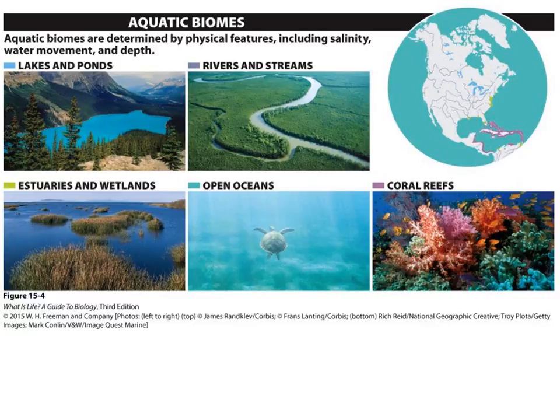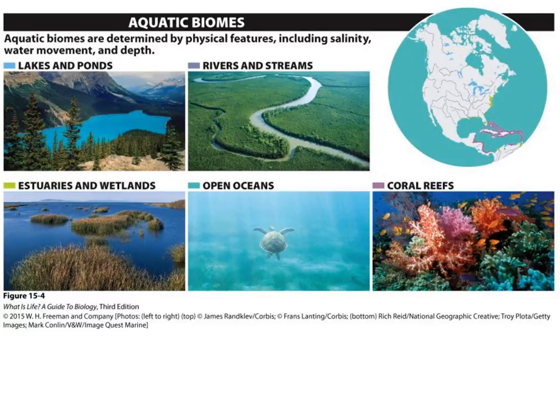There are also aquatic biomes. They are defined a bit differently, usually based on physical features such as salinity, meaning how much salt there is, on water movement, and on depth. Chief among the environments that you should know is number 1, lakes and ponds, because they have non-flowing fresh water. Number 2 is rivers and streams, which are freshwater but they're flowing.